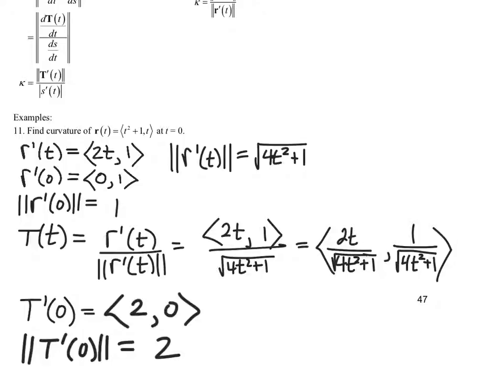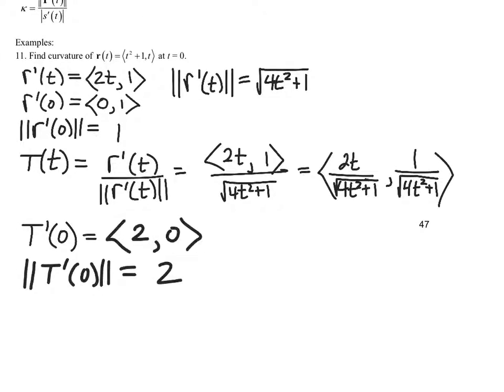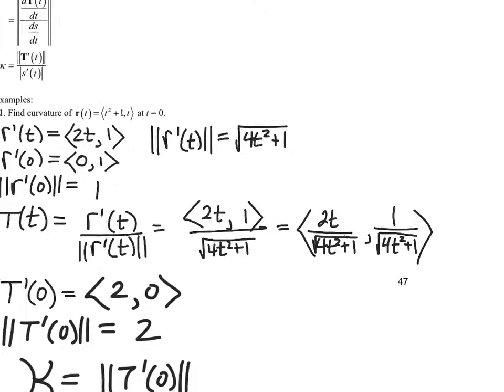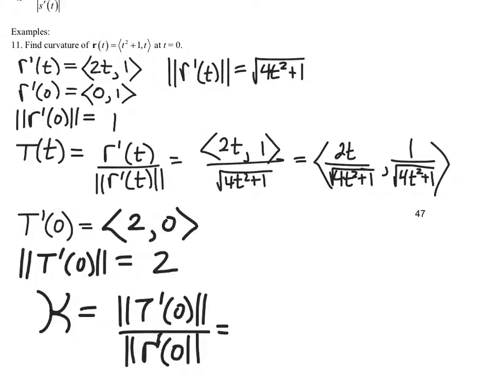So to get my kappa value, what I'm looking for is the quotient of the magnitude of T prime of 0 and r prime of 0. So we get 2 over 1 and that's going to be equal to 2.